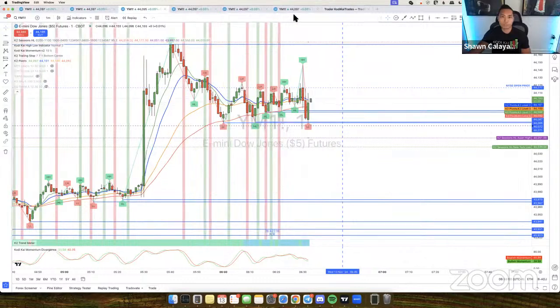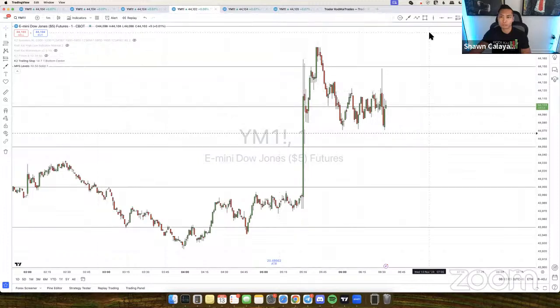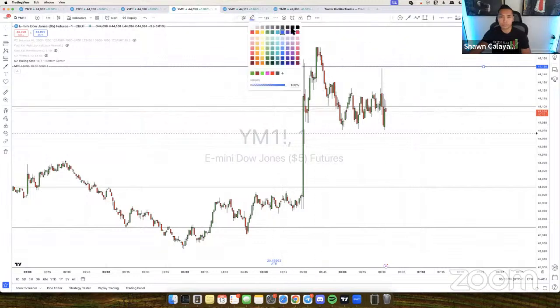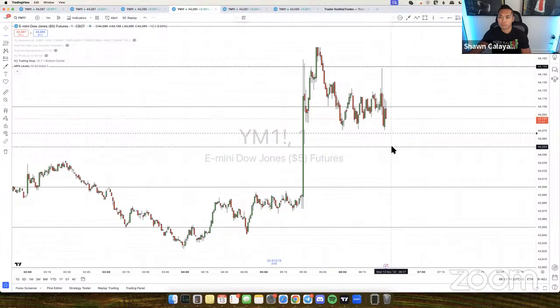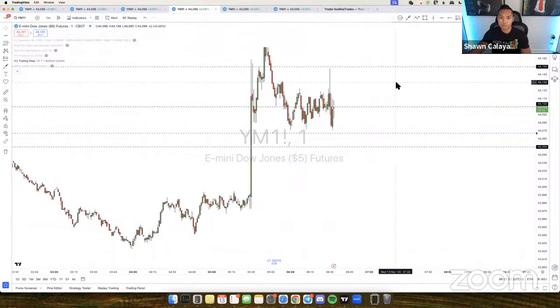Let's go to our clean chart real quick. So it looks like the range is currently between the 150 mark and the 50 mark, and the midpoint is right here at the 100 mark. So price is kind of just sitting right here down the middle.